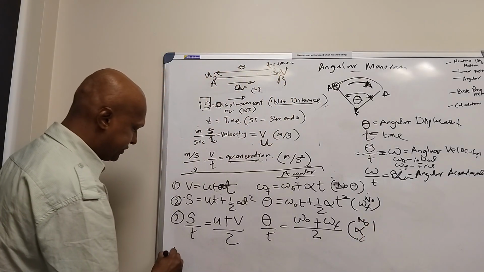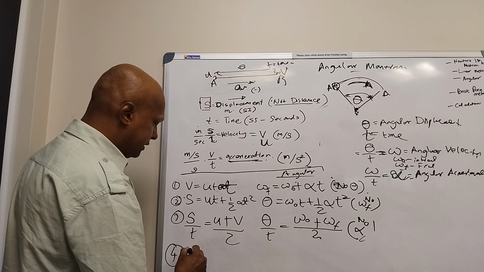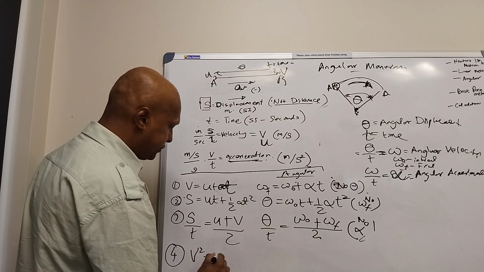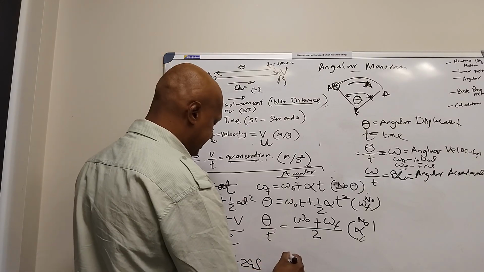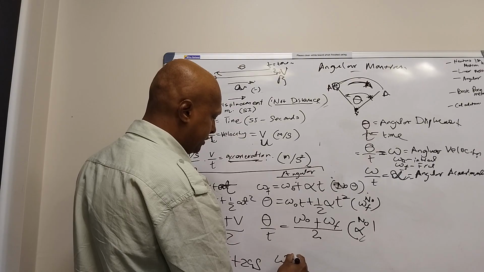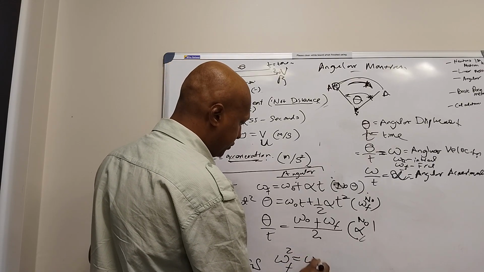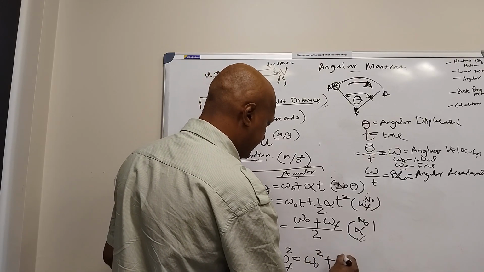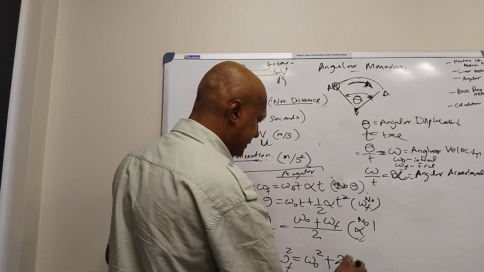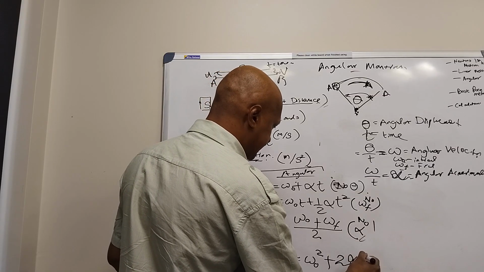And the last equation is v squared equals u squared plus 2as. In angular motion, omega f squared equals omega naught squared plus 2 alpha theta.